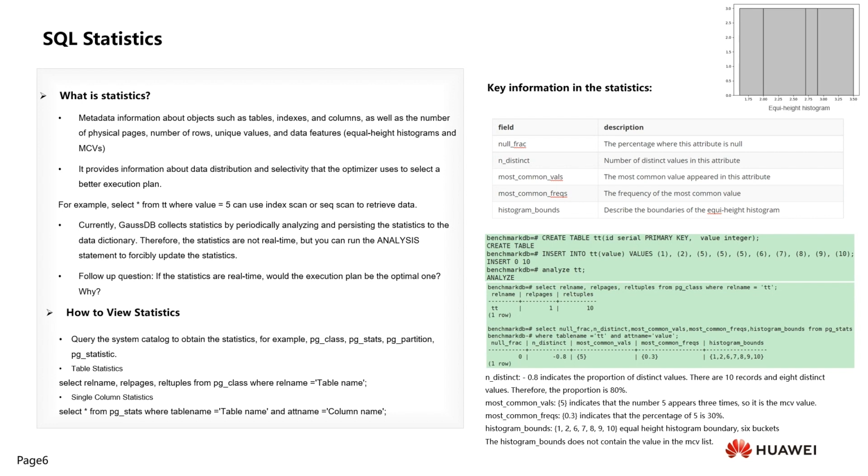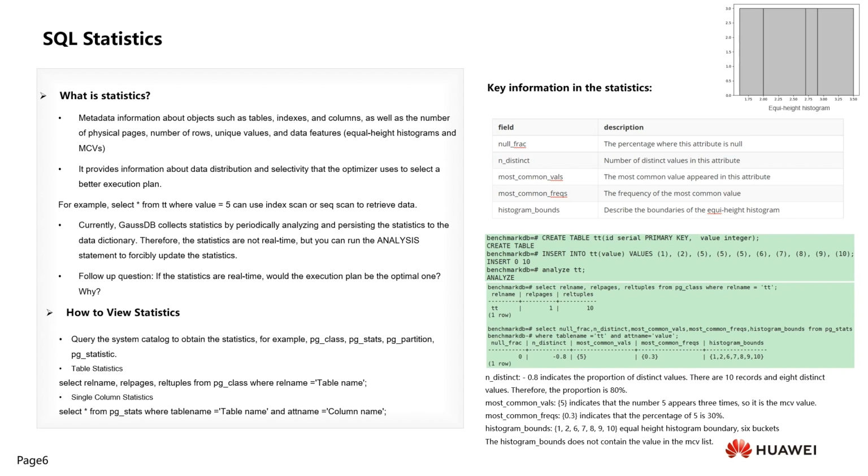With all this information given to the optimizer, it can start to generate a relatively efficient execution plan for the executor to execute. And here is one simple example for the SQL.